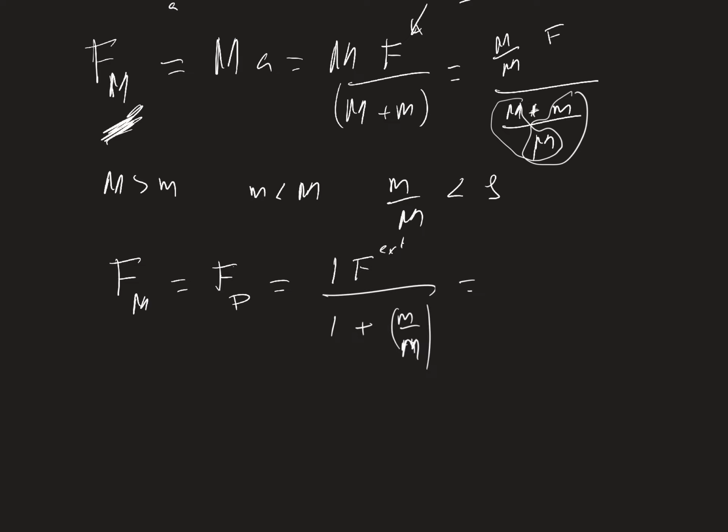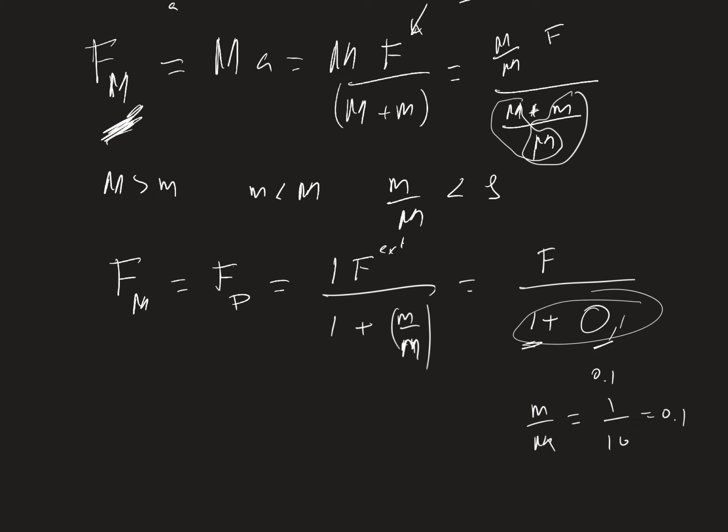So it's F, the external force, divided by 1 plus something positive, something smaller than 1, maybe 0.1. Maybe m is 1 kilogram, maybe capital M is 10, so it's 0.1. So it would be 1 plus something, which is bigger than 1.